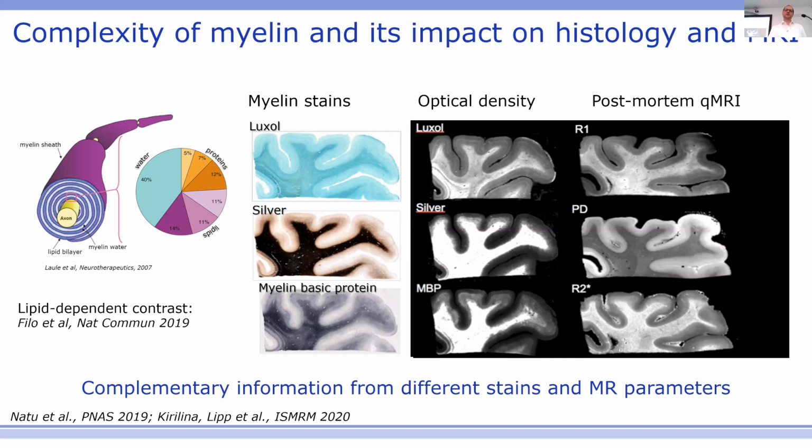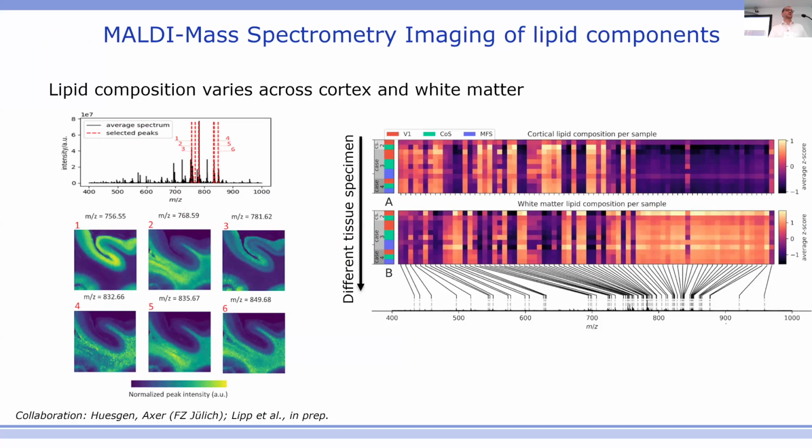And it's quite fascinating to now go in and do some modeling and, for example, acquire so-called MALDI mass spectrometry images of lipid components. This is a mouthful, but basically it's a technique you can apply to post-mortem tissue, and it tells you about lipid distributions in the brain tissue slices you have.